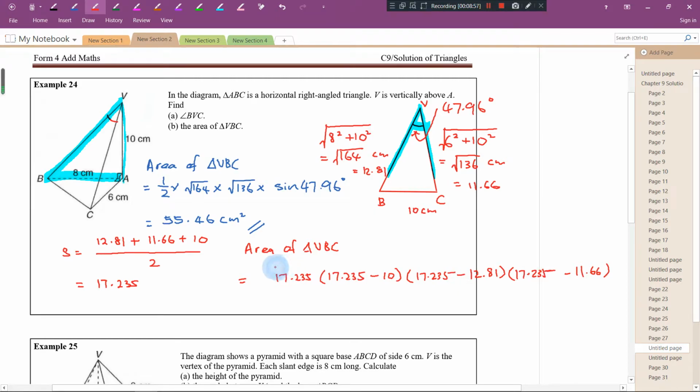And then don't forget, you have to square root this whole thing. Let's see whether we can get the same answer. Okay, so we still get the same thing, 55.46 square centimeters.